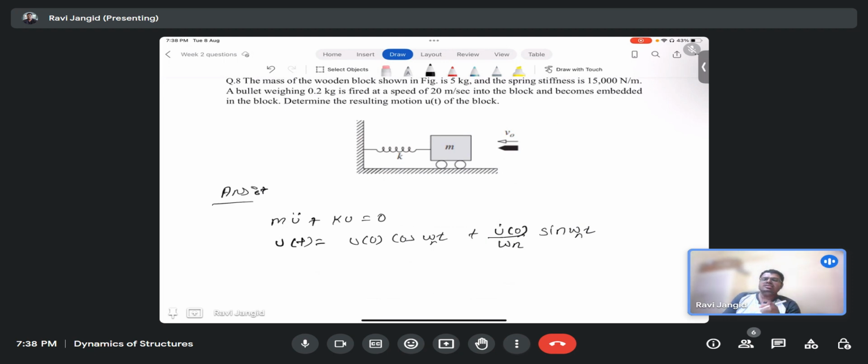In this question, only the initial condition is important. Everything else is the same, the mass block and everything.